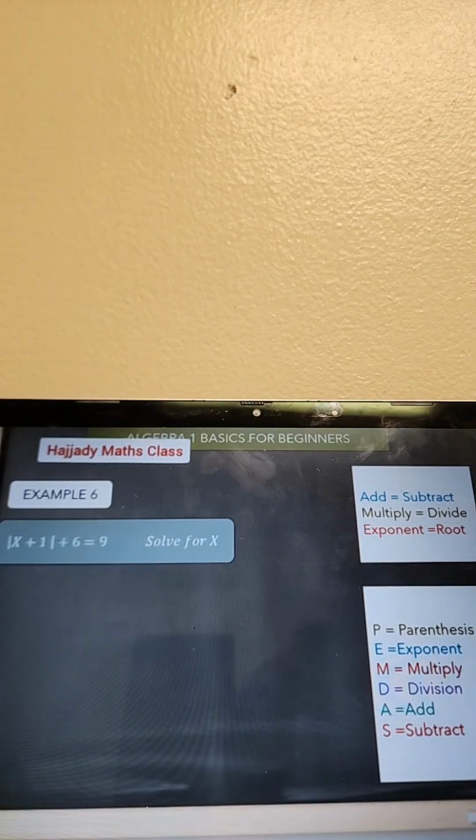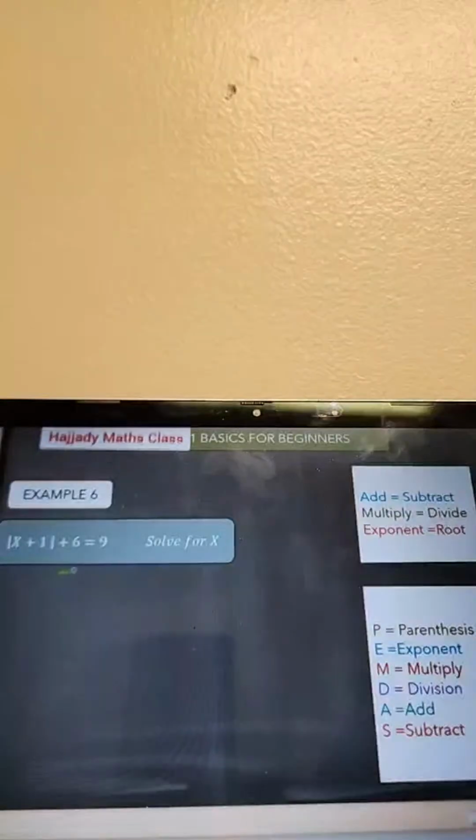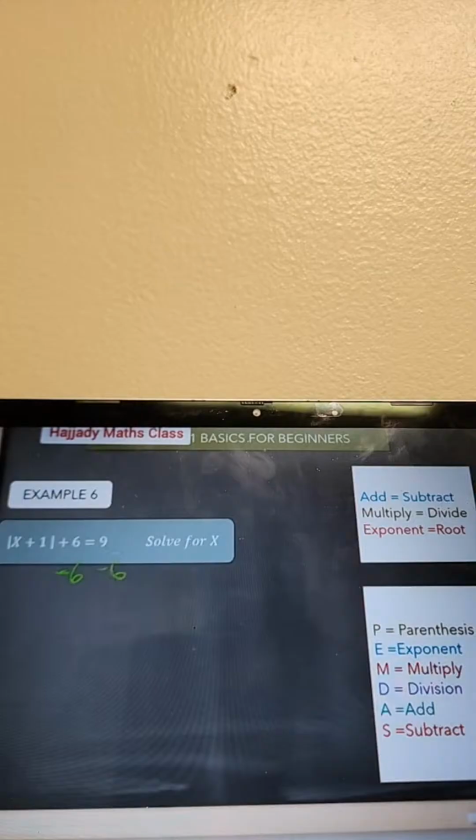Here we have example 6. This is also based on the absolute value. But before we apply absolute value, you will see that after having the absolute value, we have plus 6 equals to 9. Then we need to get rid of this 6 before we see the absolute value. And to get rid of the 6, you have to introduce -6 to both sides.